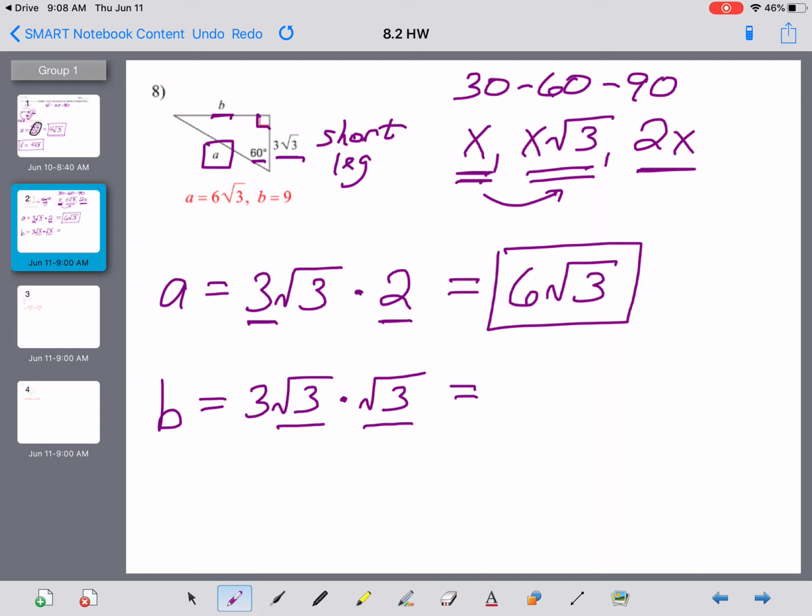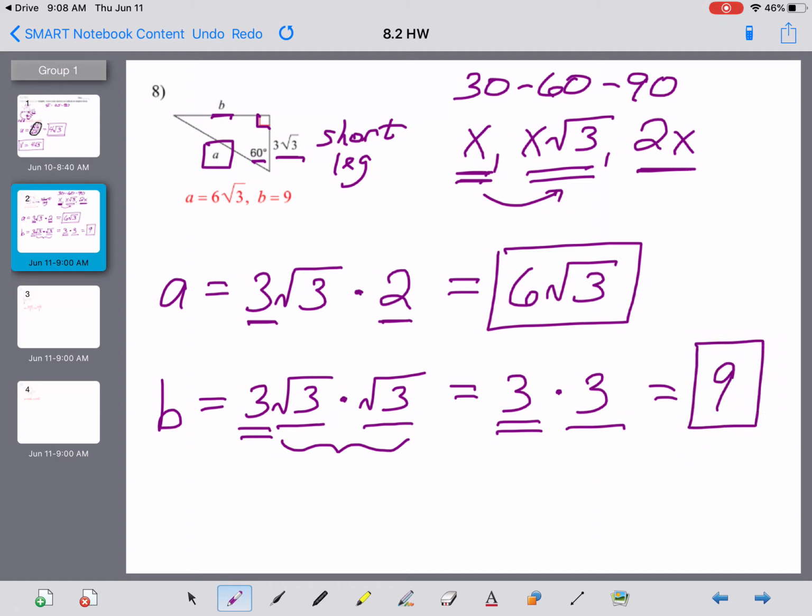So this gets interesting. That 3 right there can't get multiplied by anything else right now, so it just goes along for the ride. Then we take the square root of 3 times the square root of 3, which is just 3. And now the 3 times the 3 can be multiplied together, and B ends up having a measurement of 9.